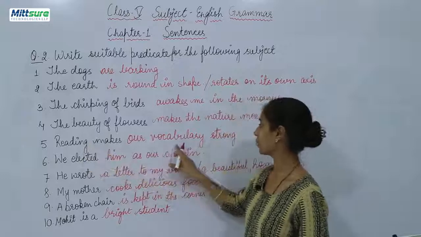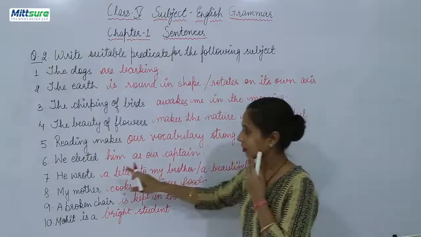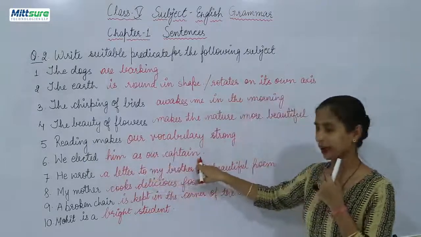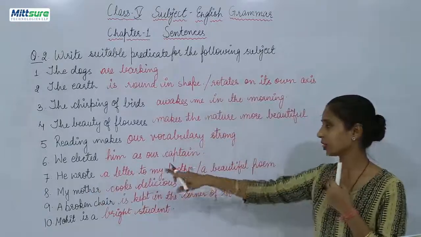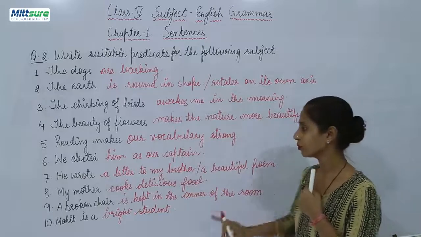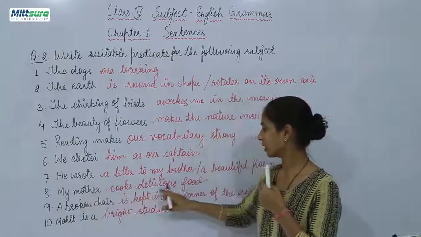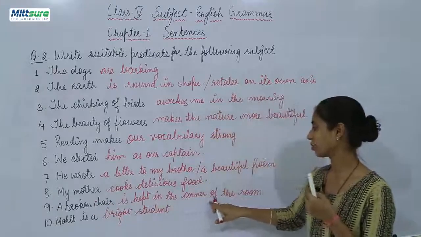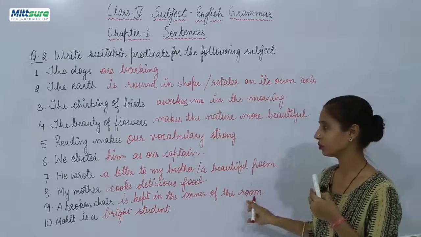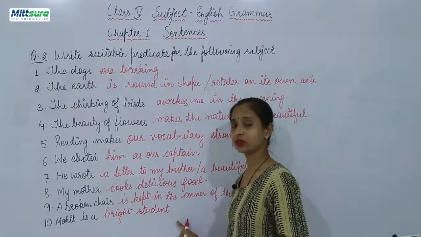Reading makes our vocabulary strong. We elected him as our captain. He wrote a letter to my brother, or he wrote a beautiful poem. My mother cooks delicious food. A broken chair is kept in the corner of the room. Mohit is a bright student.